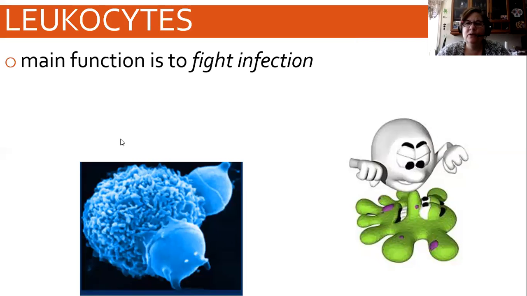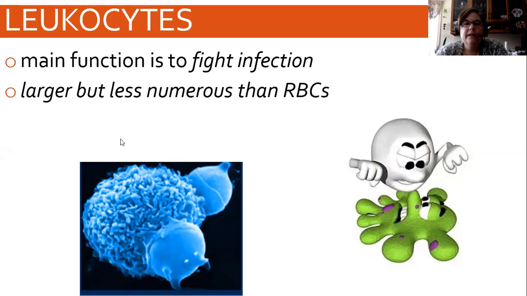That's because our immune system's actually doing what it's supposed to do. So when we get a cough or we get a runny nose, that's all the impact of our immune system doing its job. So that's important to us. White blood cells are bigger than red blood cells, but there's not as many of them. So for every one white blood cell, there's about 700 red blood cells.